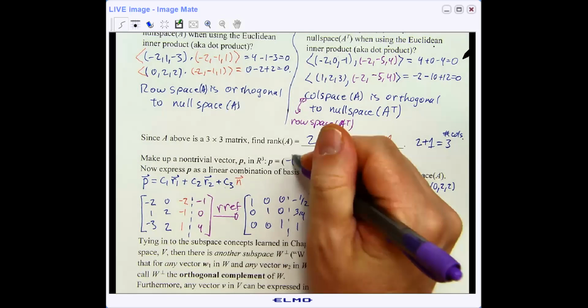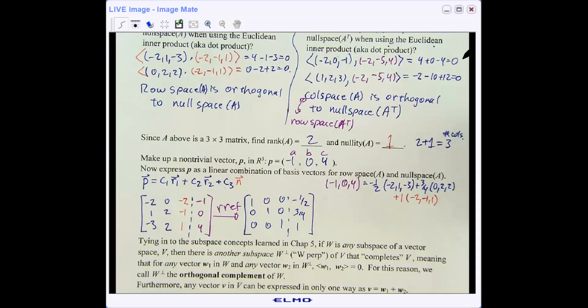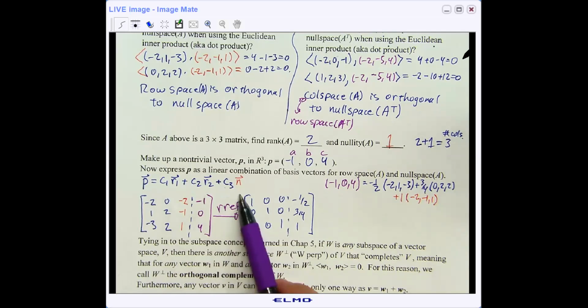If I were to pick A, B, C, I could hit it using linear combinations of the row space vectors plus the null space vector, which tells me that together the row space basis and the null space basis make a complete basis for the entire space. In other words, they complement each other. And we'll talk about that in the next video.